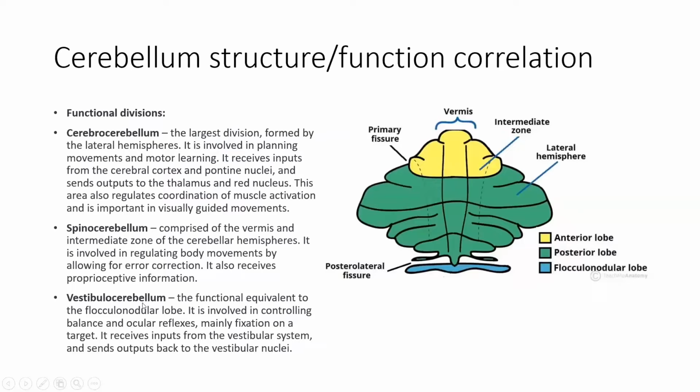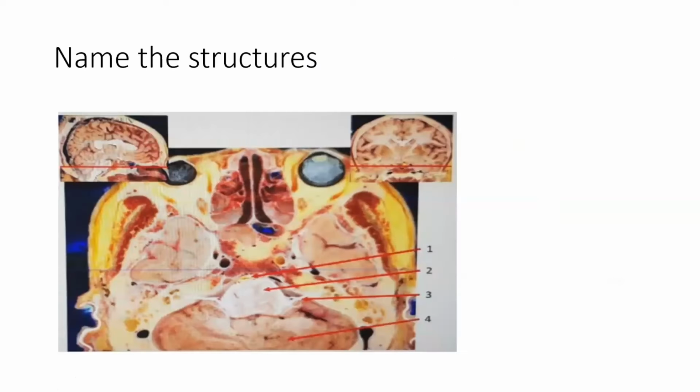As for the vestibulocerebellum, it's literally just the flocculonodular lobe. This part is mainly involved in balance and reflexes, and it's going to be communicating mostly with the vestibular system and nuclei.